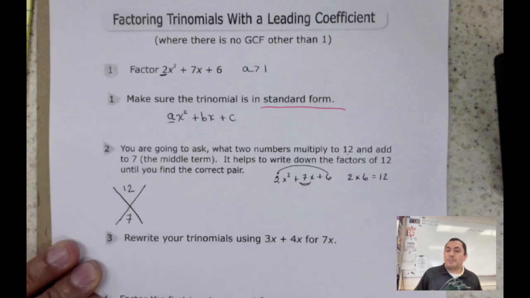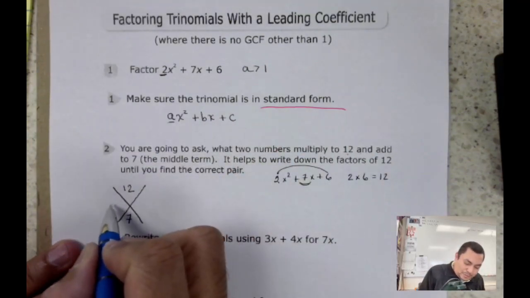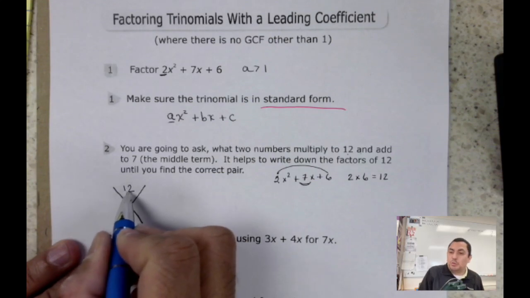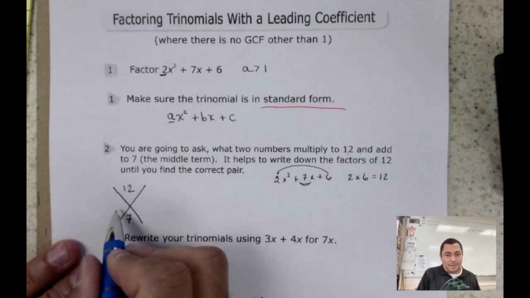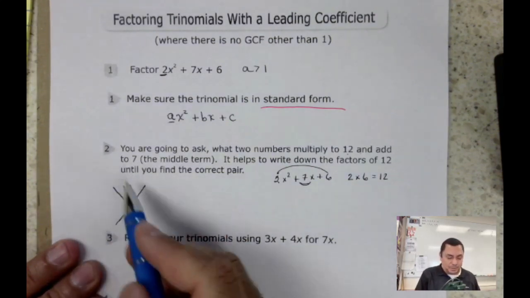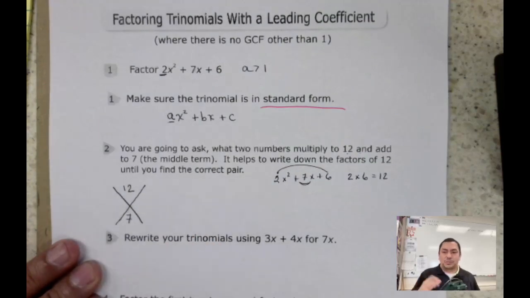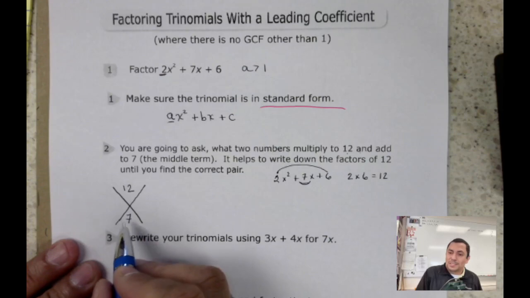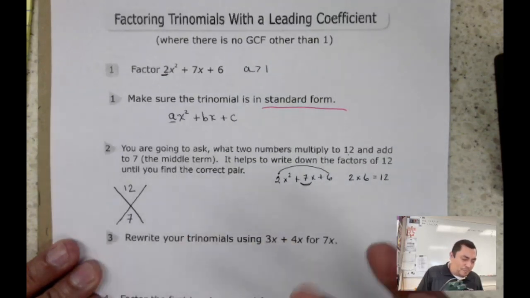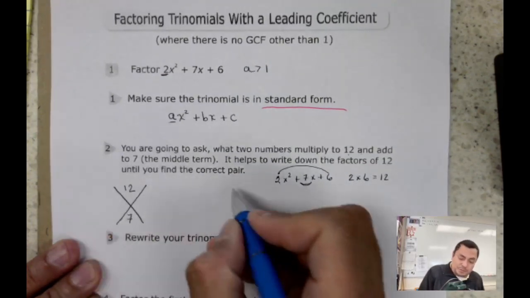Now, according to step number 2, which two numbers multiply to give me 12, and if you add them, in this case it's going to be add because both are positive, give you 7? First, let's find the factors of 12.